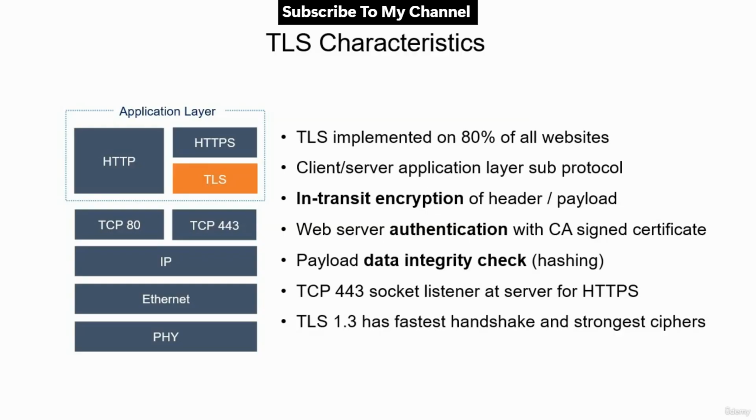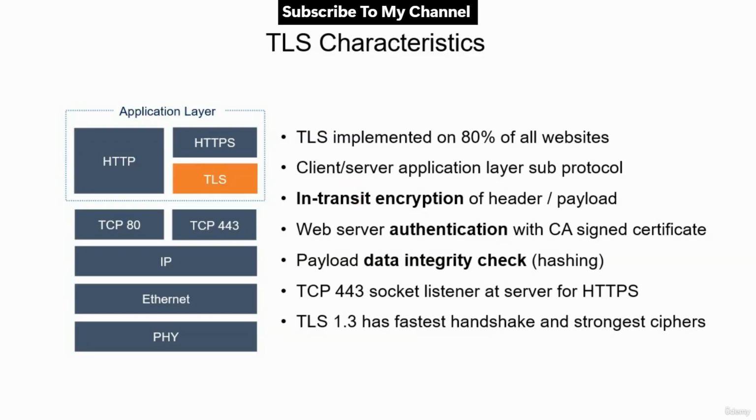So what I've got here is a TCP model drawing, and it's showing basically two options, either HTTP or HTTPS. Here the HTTPS refers to the usage of TLS as the encryption of data.